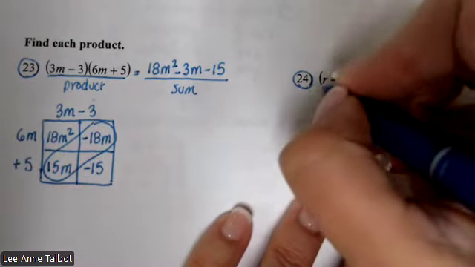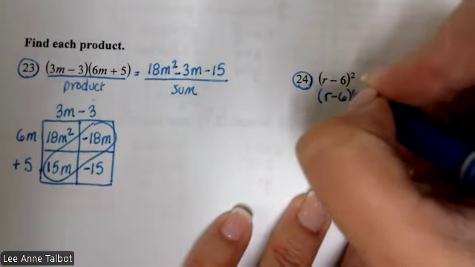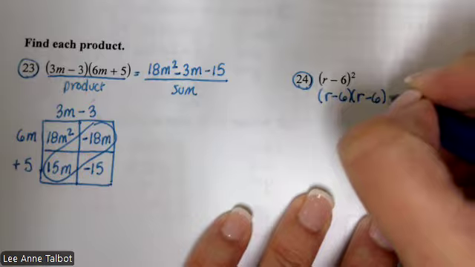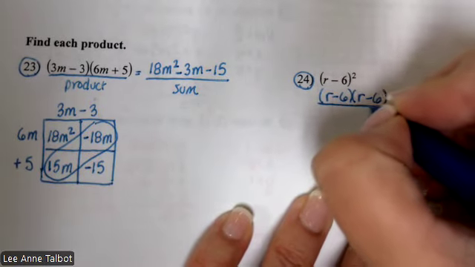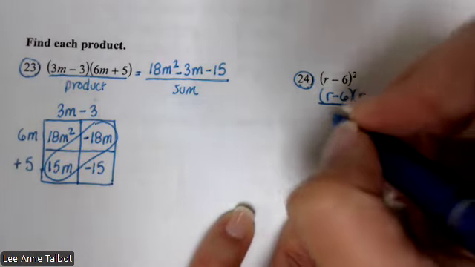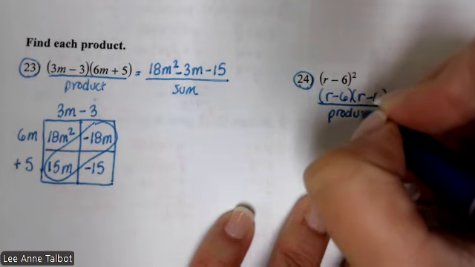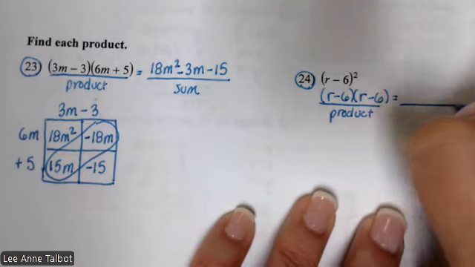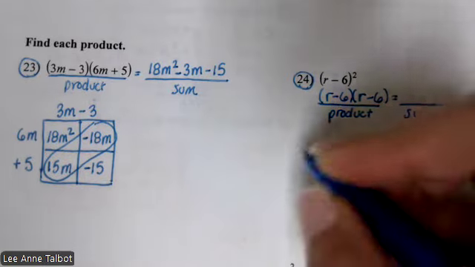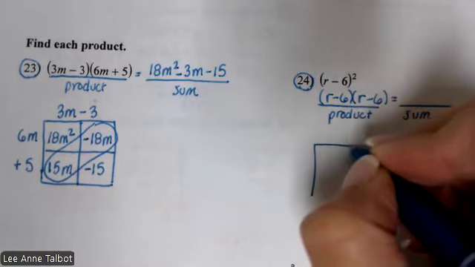Okay, now for 24, I'm going to take the r minus 6 squared and rewrite it to r minus 6, r minus 6. Two by two box.